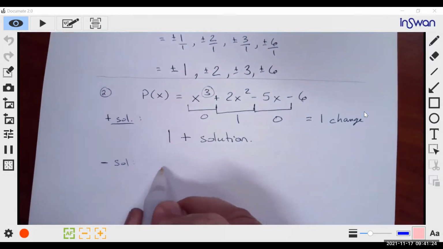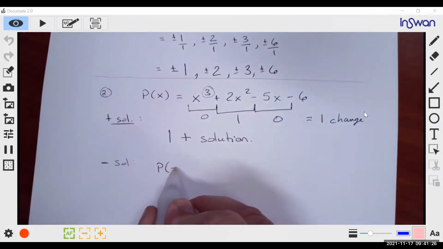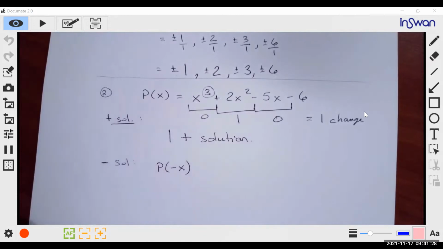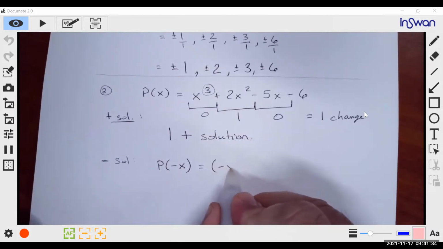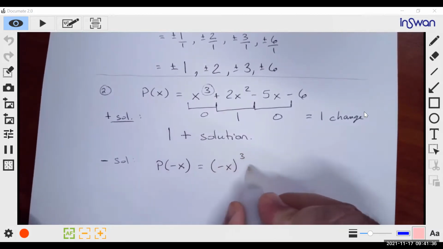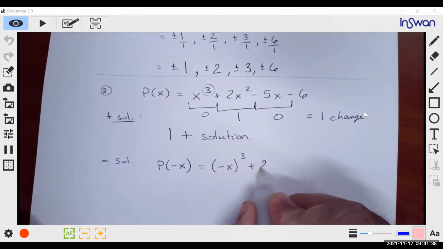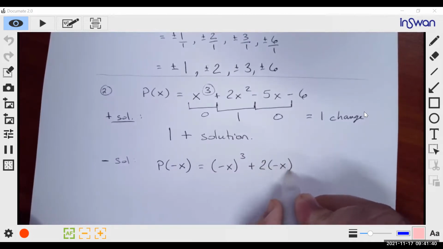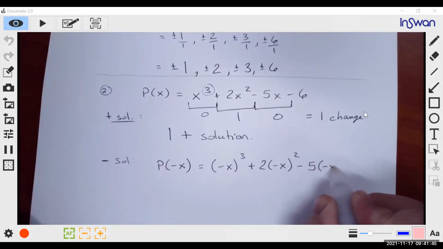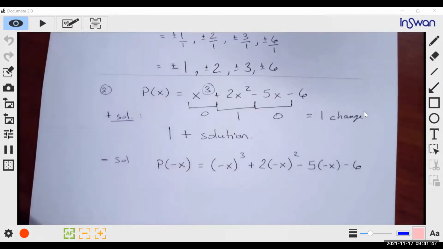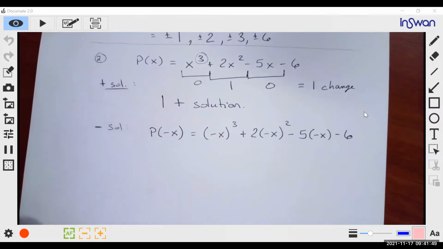For the negative solutions, we do a negative x. The same thing we did for odd and even functions. Remember that a long time ago? So we put a negative x inside all the x's. So I changed x to negative x.